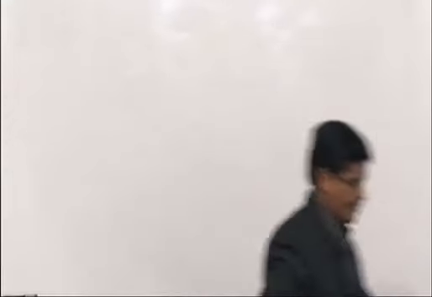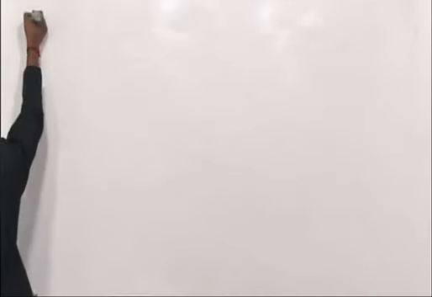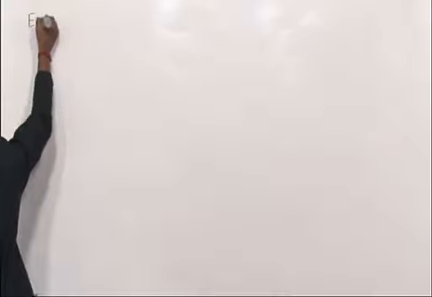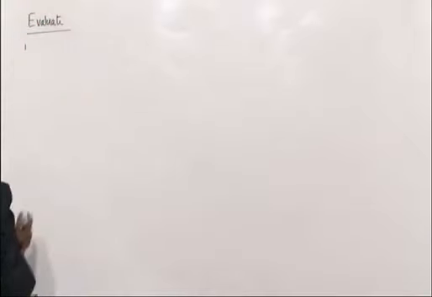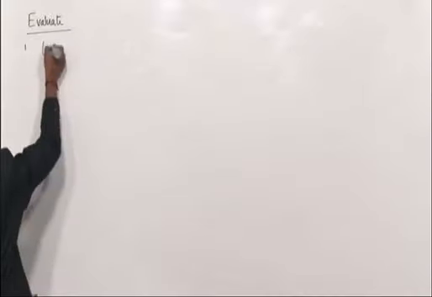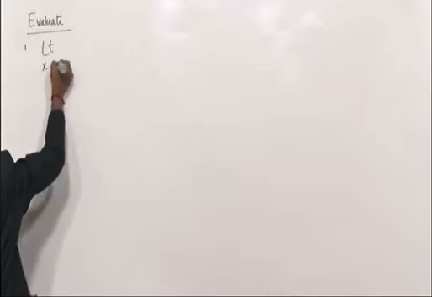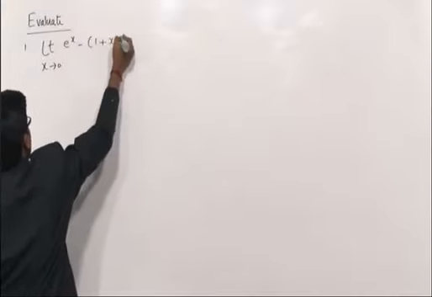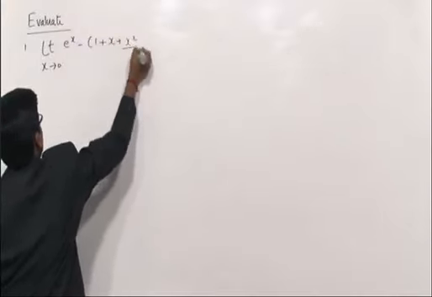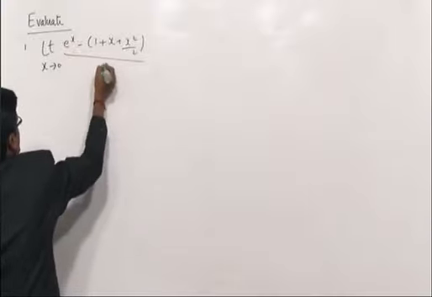The next one is: evaluate the following. 1. Limit x tends to 0 of exponential x minus of 1 plus x plus x square by 2, divided by x cube.